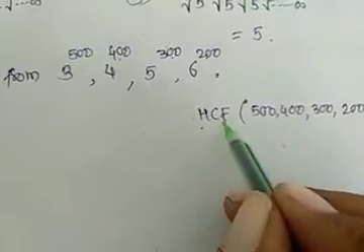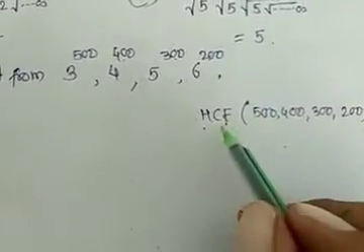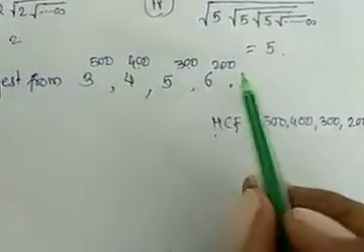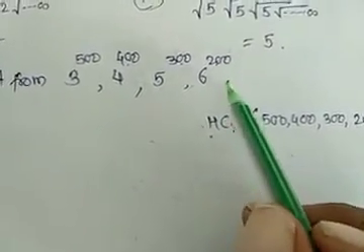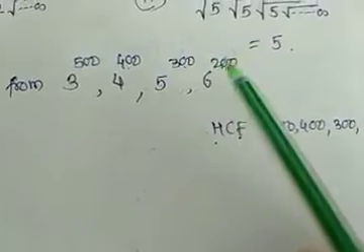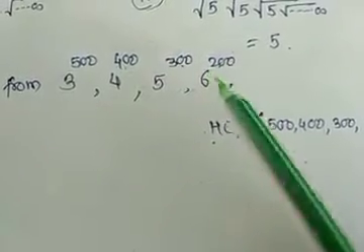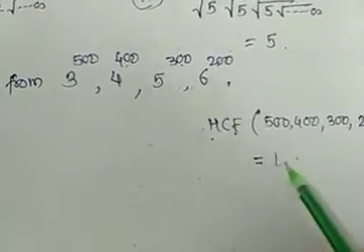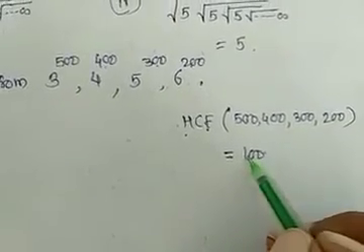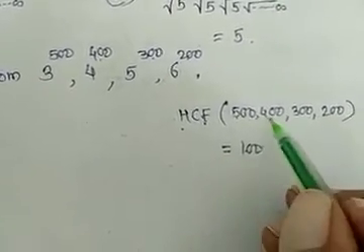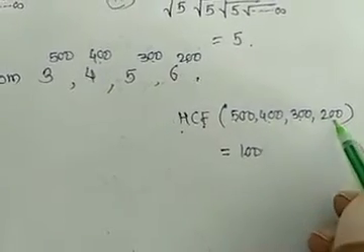Highest common factor means the largest number which is divisible to all of these. If you see these 4 numbers, you can say that the highest common factor is 100, because 100 divides 500, 400, 300 and 200.